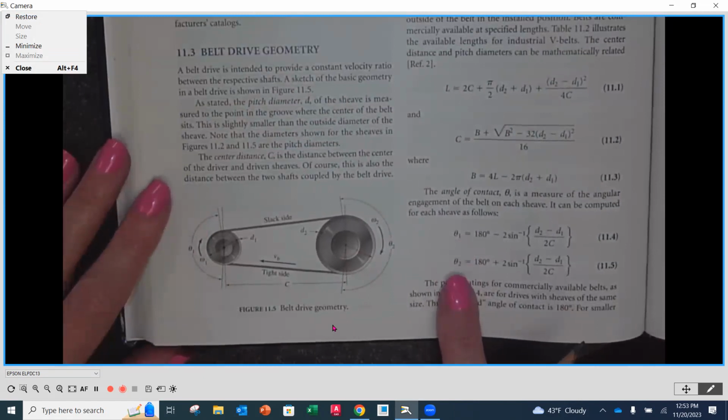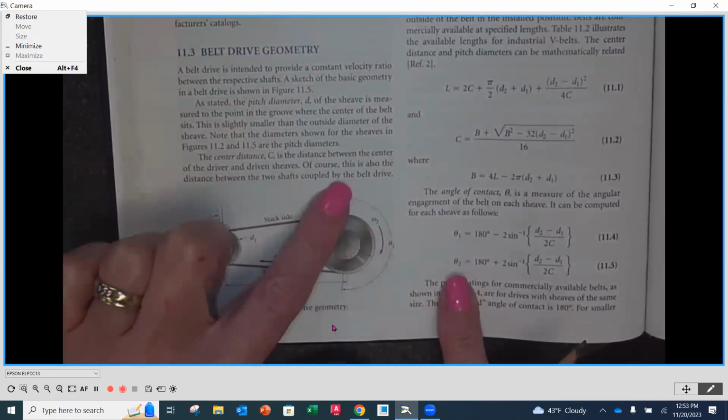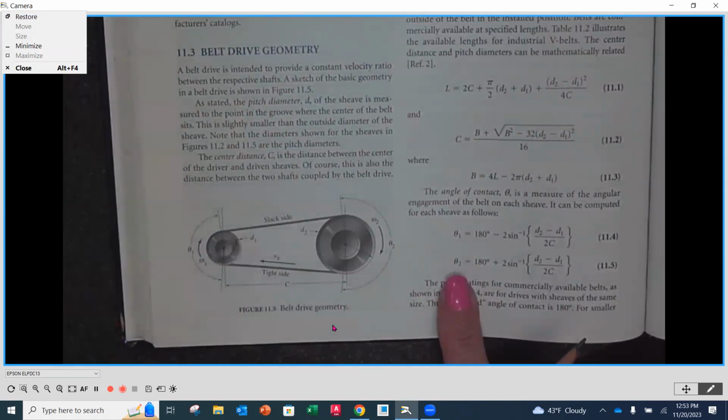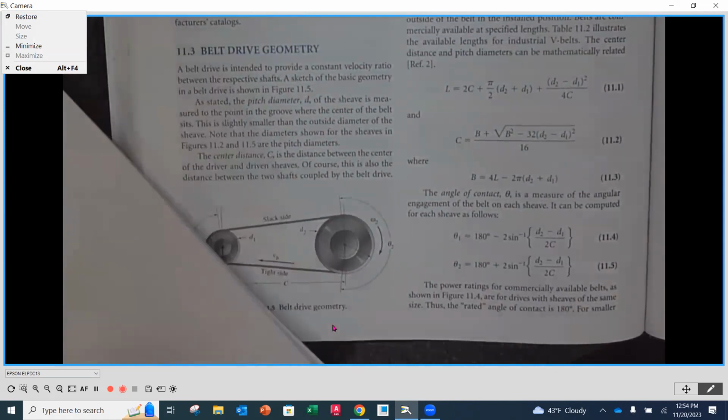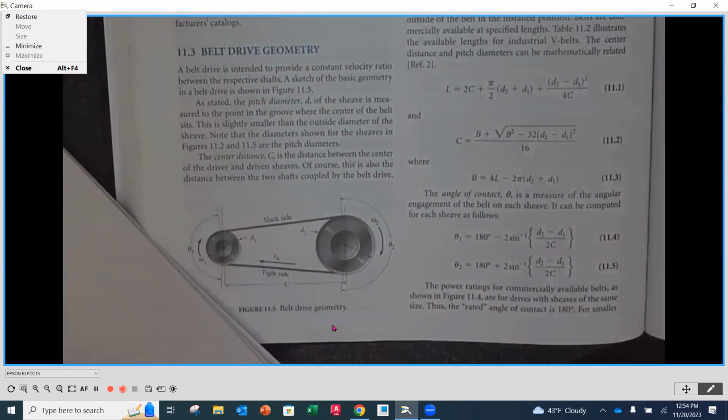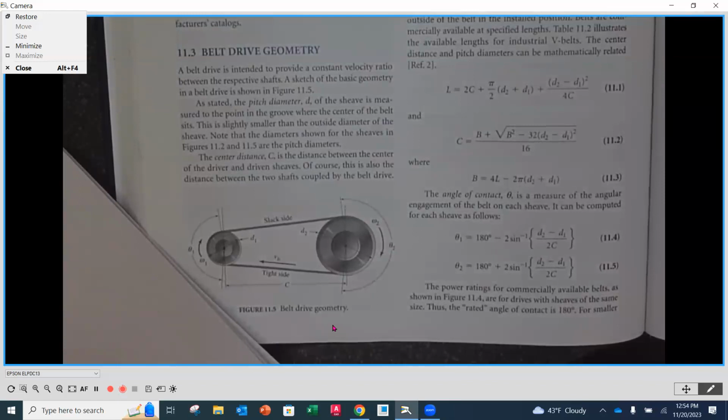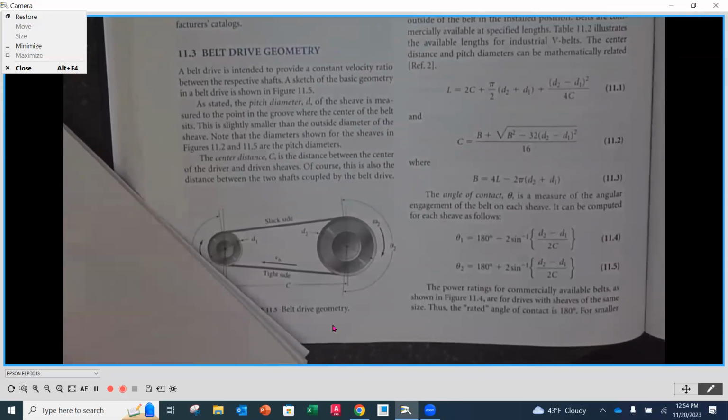Theta 2 is going to be the angle that we get on the driven, okay? Very similar equations. One's an adder, one's a subtractor, okay? But you're going to want to have these available too. It says angle of contact, though most often it's referred to as angle of wrap. Or what is the wrap angle?